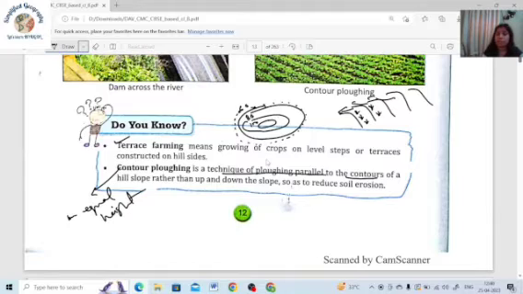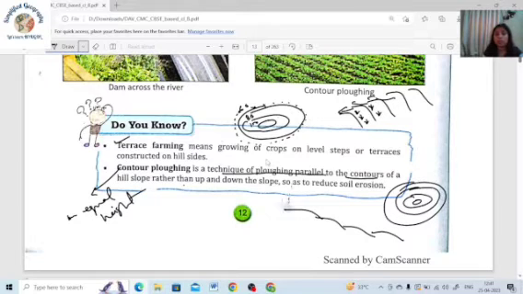This is how we get the contours, and we plow parallel to the contours of the hill slope rather than up and down the slope, rather than like these stairs. So we plow according to the contours here, so that we can reduce soil erosion.